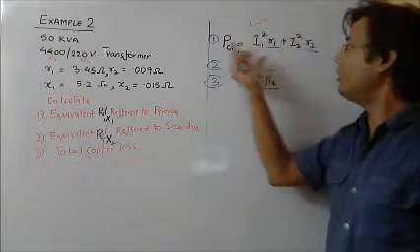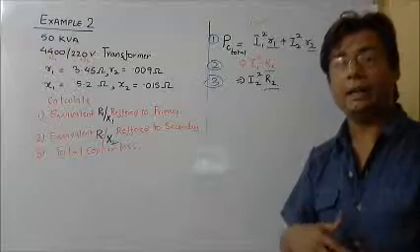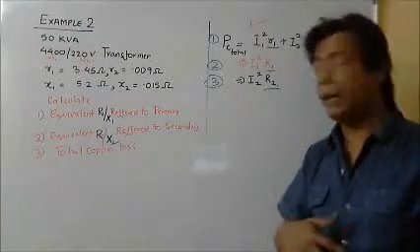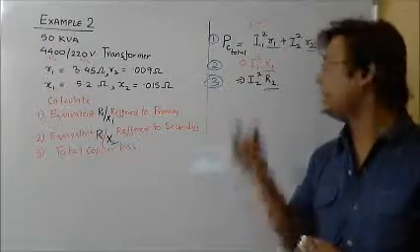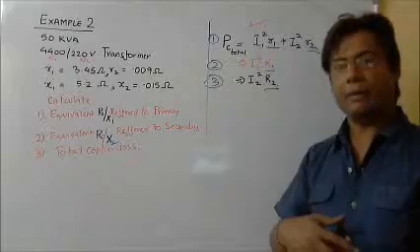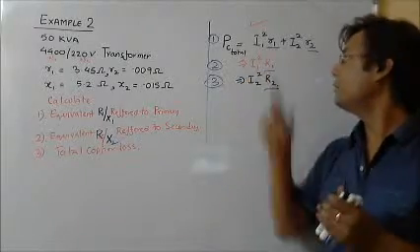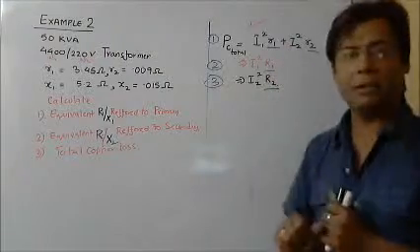So the total copper loss will be the addition of those. Now, if I want to find the copper loss by the equivalent resistance referred to the primary, I will use I1, because I am referring to the primary side. So I will use I1 square into the total equivalent resistance. It will give me the same result.